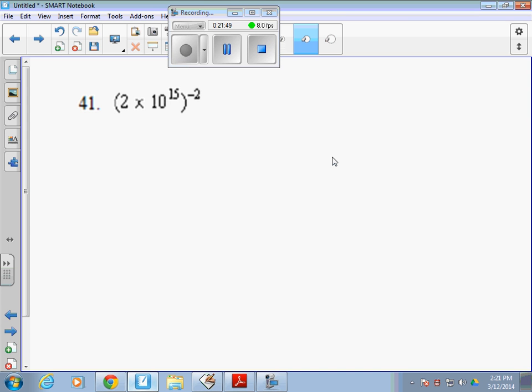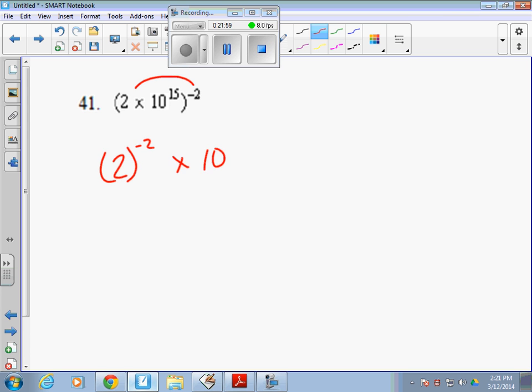This is an example where both things get the negative 2 exponent. So 2 is being raised to the negative 2, times 10 to the 15 times negative 2. Remember, power to a power means to multiply.